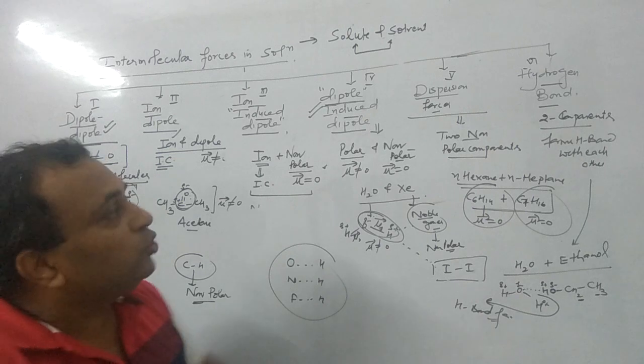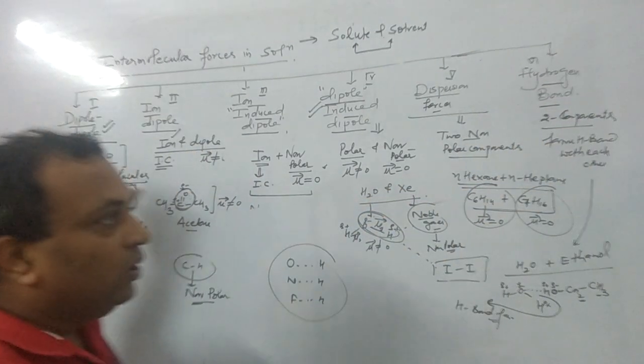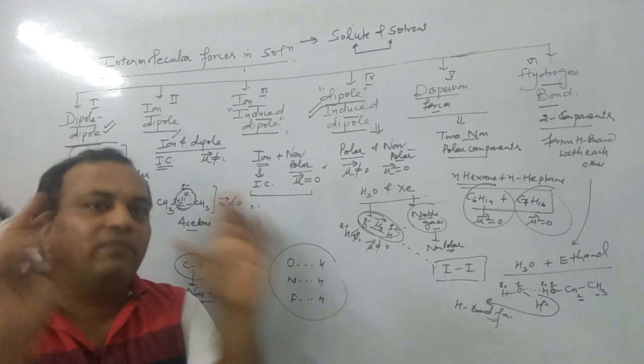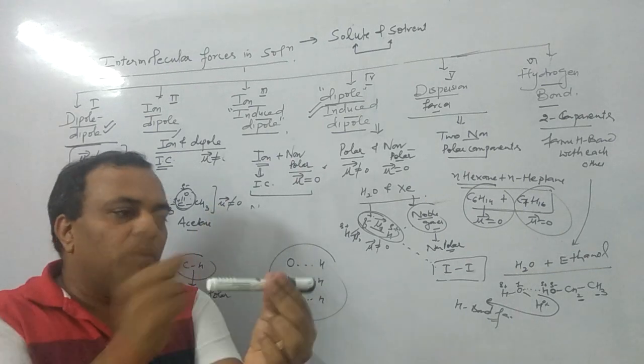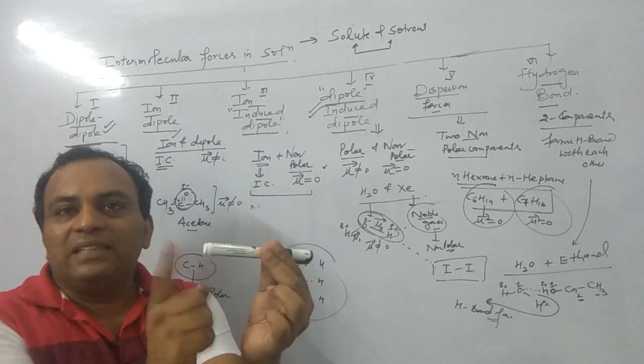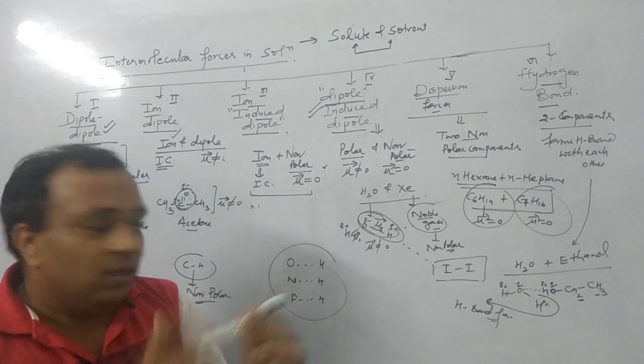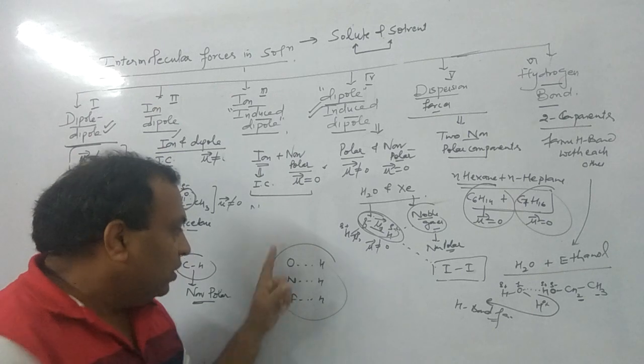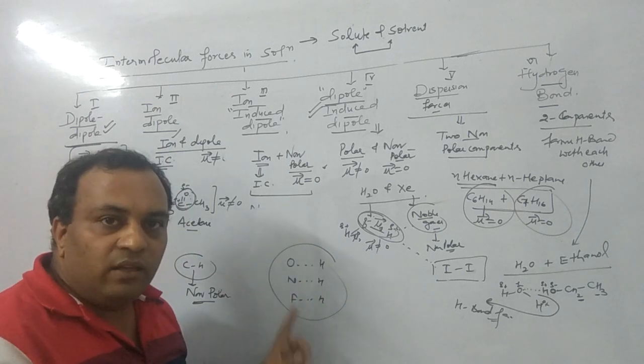Sometimes we will get confused between the hydrogen forces and dipole. So be clear, dipole can exist anywhere when there is an electronegativity difference, means on one side of the bond less electronegative, other side of the bond more electronegative. But hydrogen bond only comes with three strongly electronegative elements, oxygen, nitrogen and fluorine.